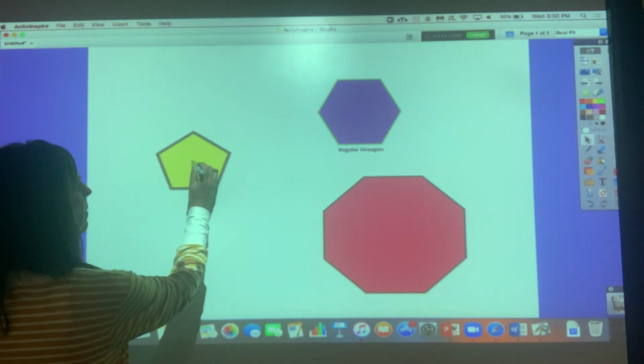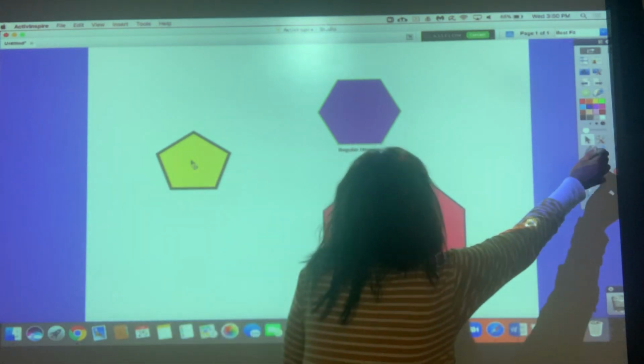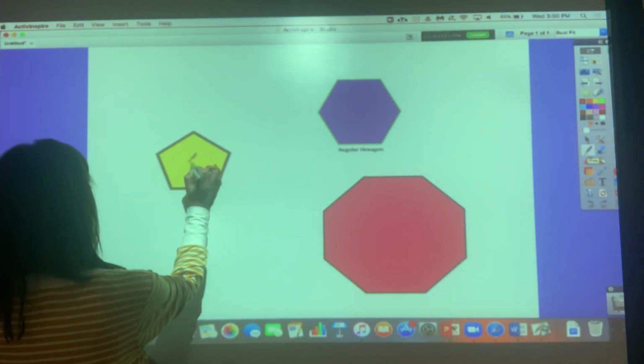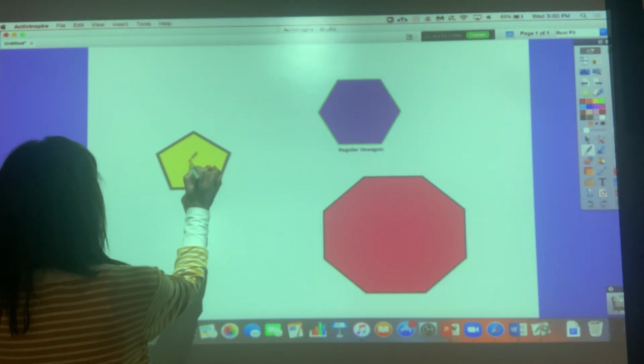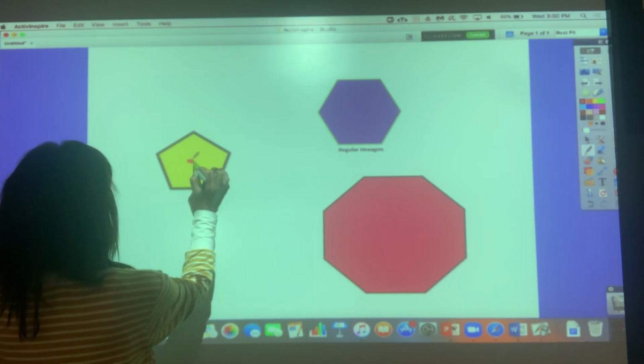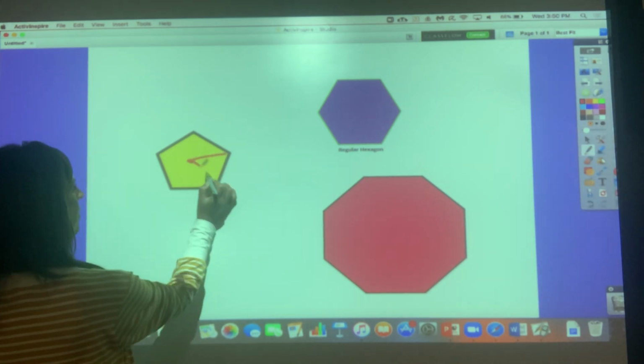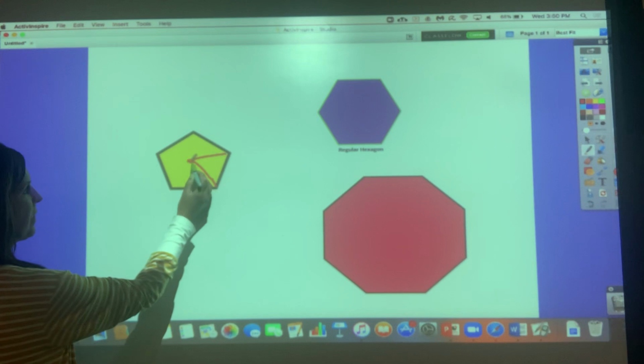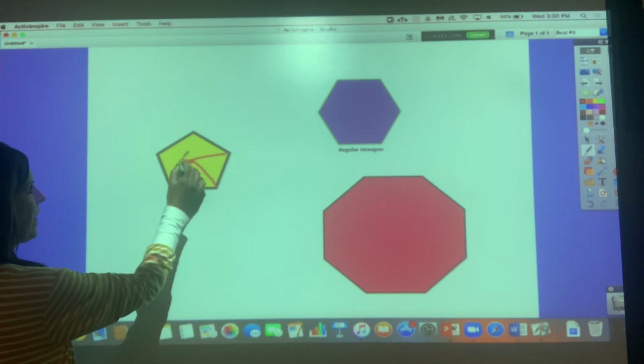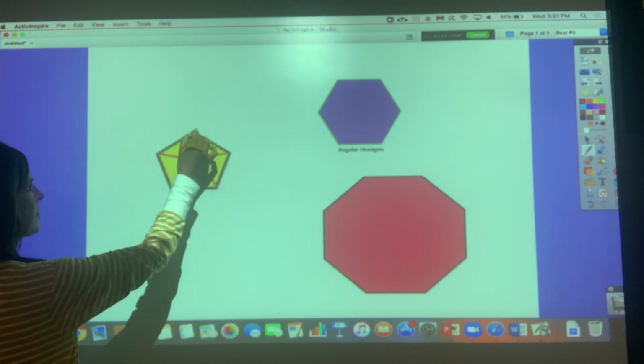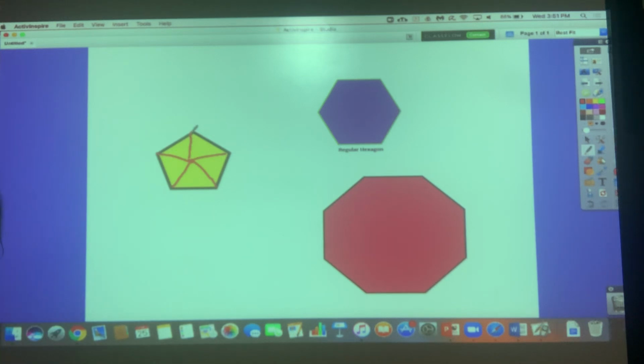I'm going to put a dot about where the center of this regular pentagon is, and it's not going to be perfect. And I'm going to go out to every time it bends, or its vertices, and I'm going to split it into triangles. Obviously, like I said, it's not perfect, but it will be split into identical triangles.